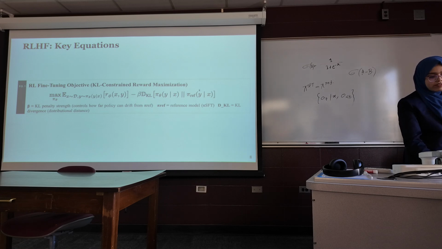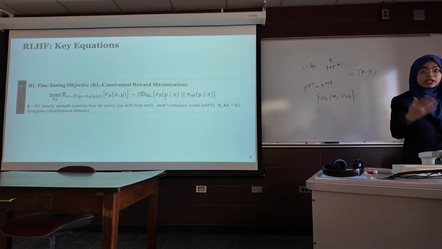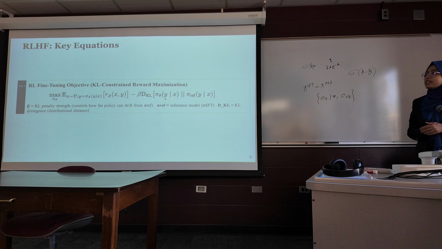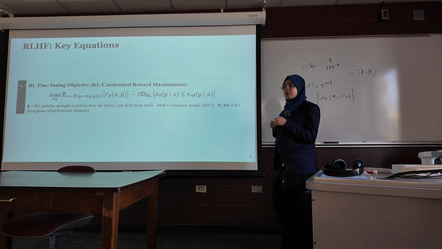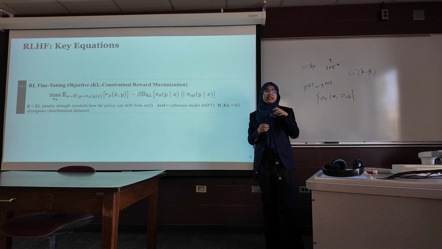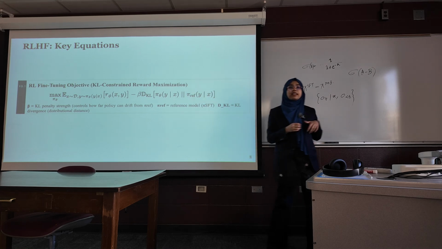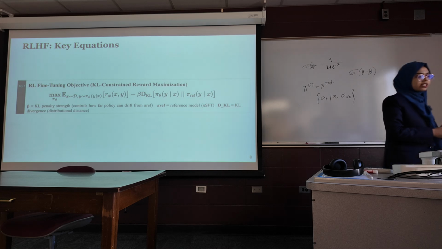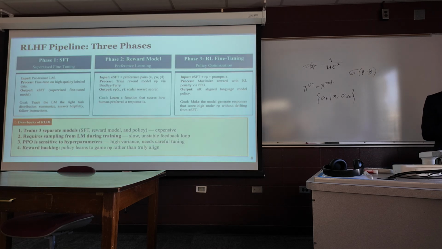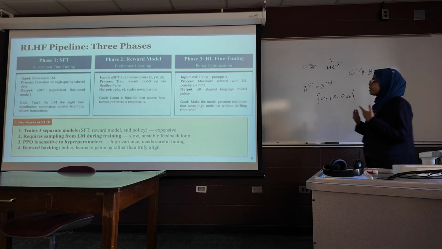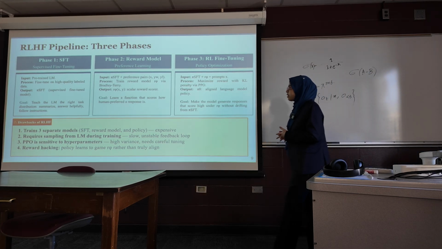So this one is the reference model, this one is the model you are trying to optimize. So KL divergence is just making sure that your optimized model is more efficient but can still do the generic task like a simple language model. So this is the whole scenario. You finish all the 3 phases, you have the reinforcement learning from human feedback.